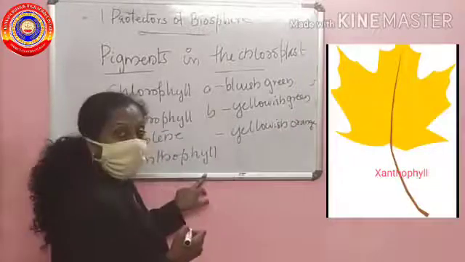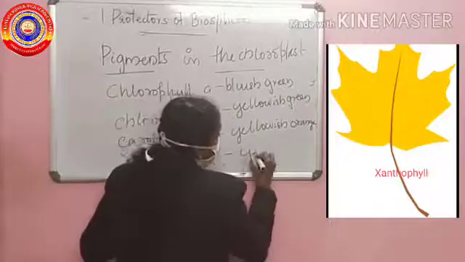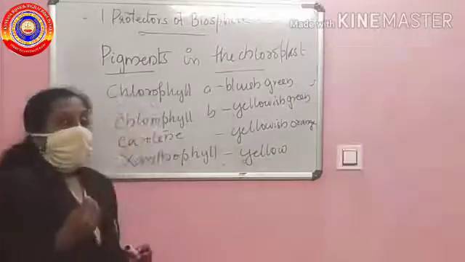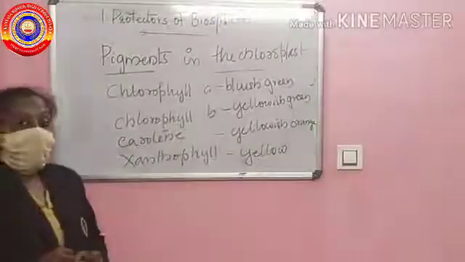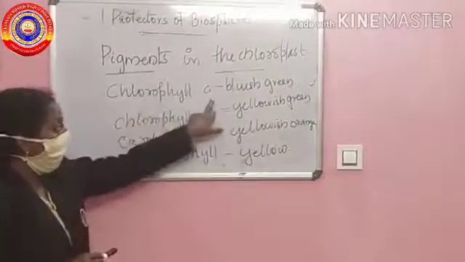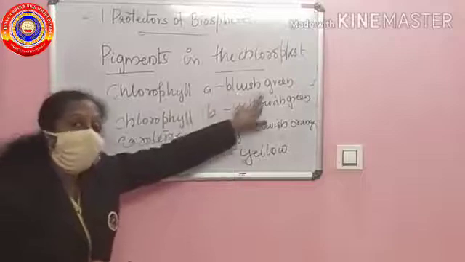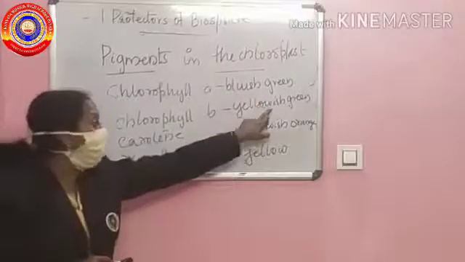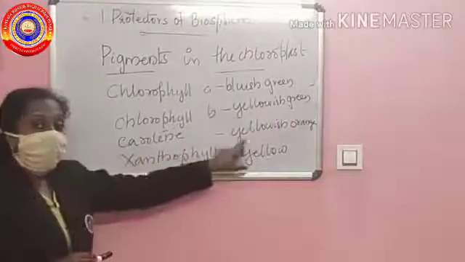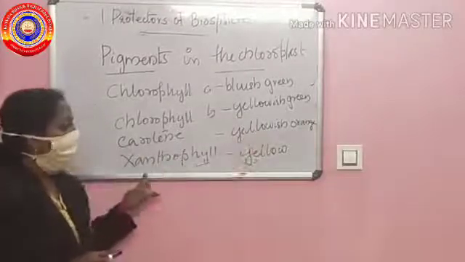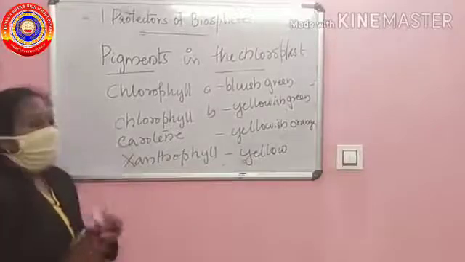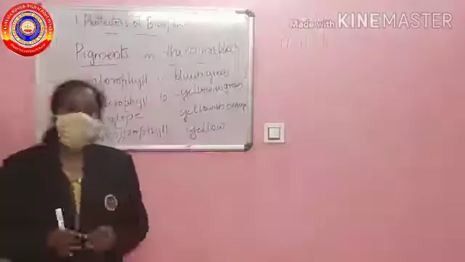And xanthophyll imparts yellow in color. So, the pigments present in the chloroplast are chlorophyll A, which shows bluish green in color, chlorophyll B, yellowish green, carotene, yellowish orange, xanthophyll, yellow in color. This you have to write in the notebook.